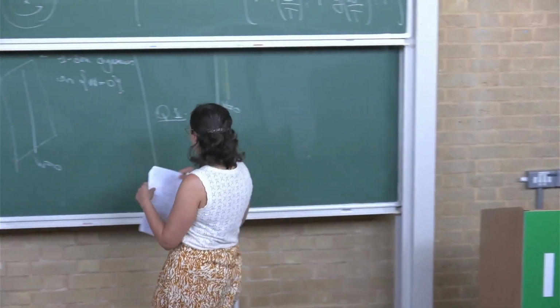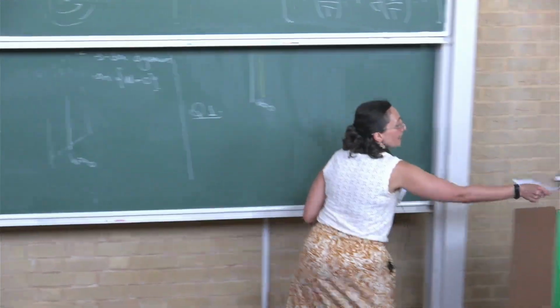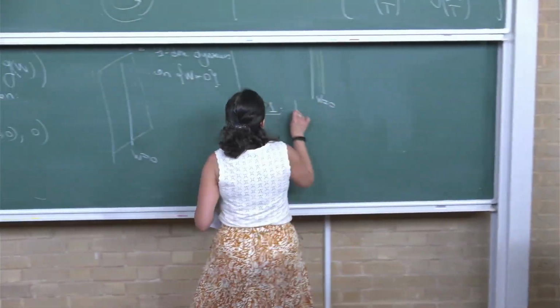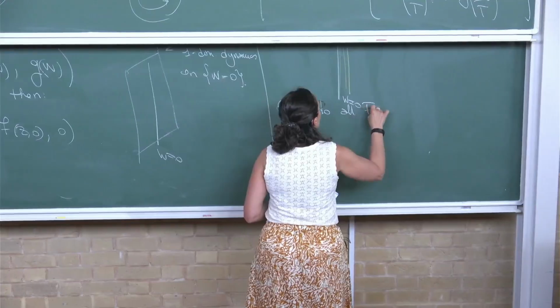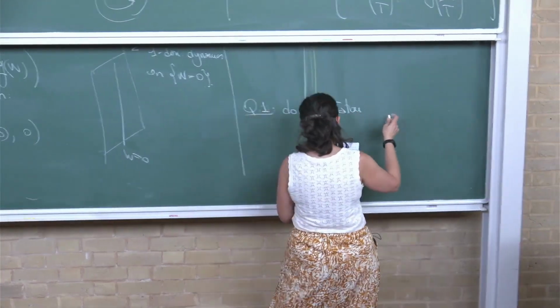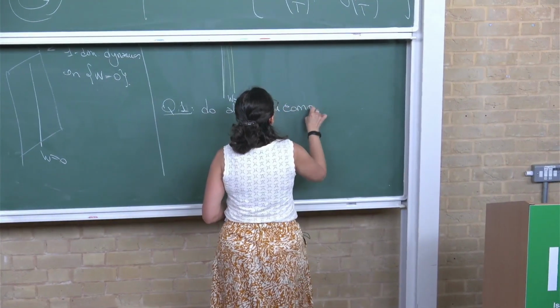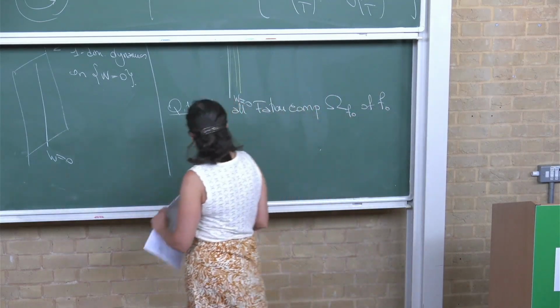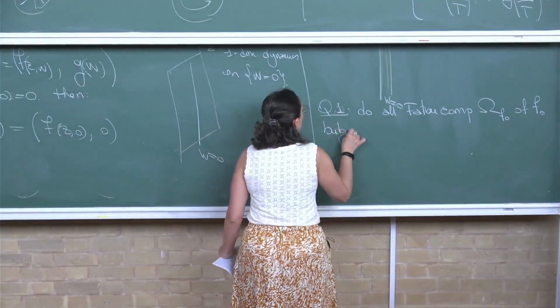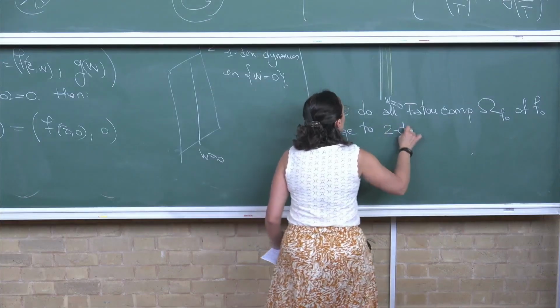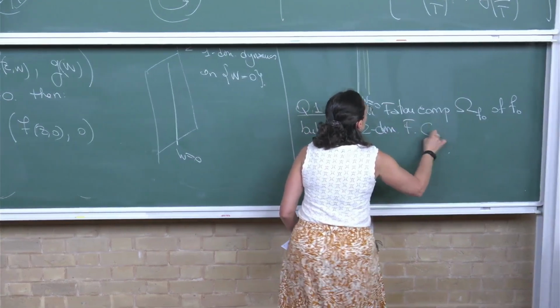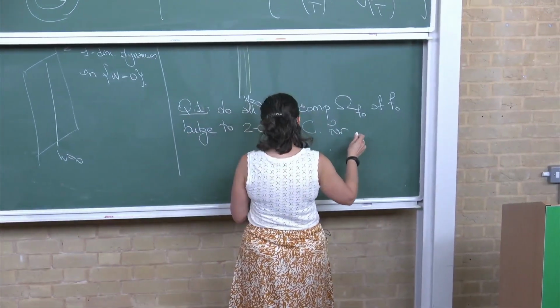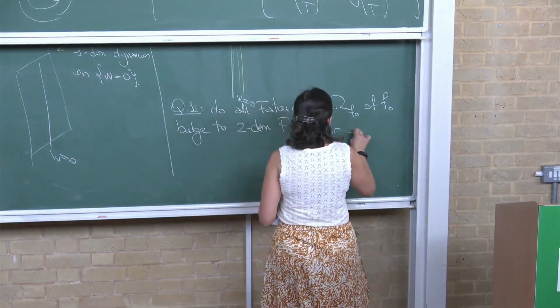Do you want me to go faster? I can do faster. I can also do slower if you'd like. So, do all the Fatou components, say Omega f_0 of f_0, bulge to two-dimensional Fatou components for F?